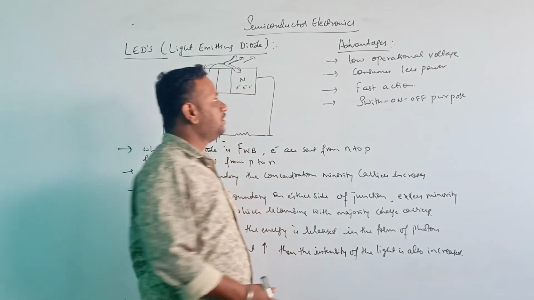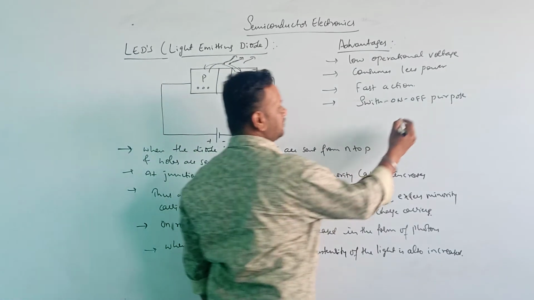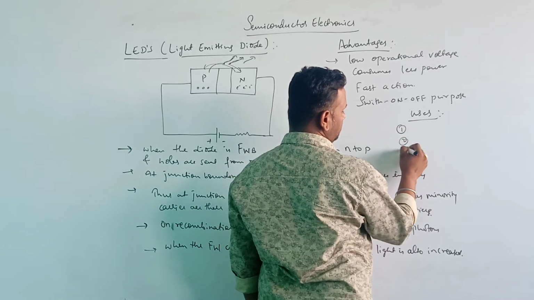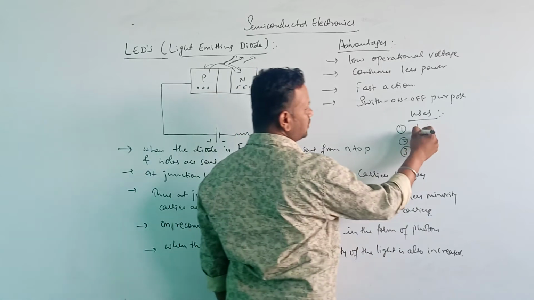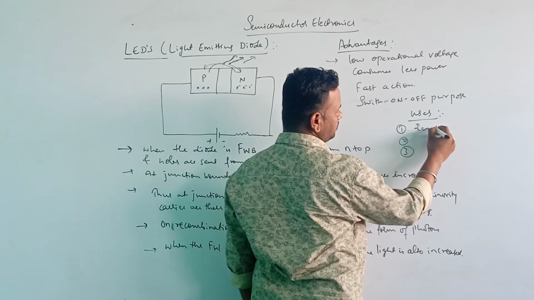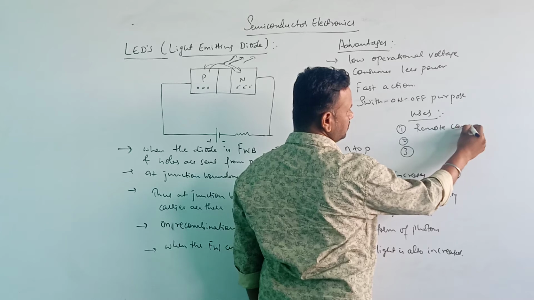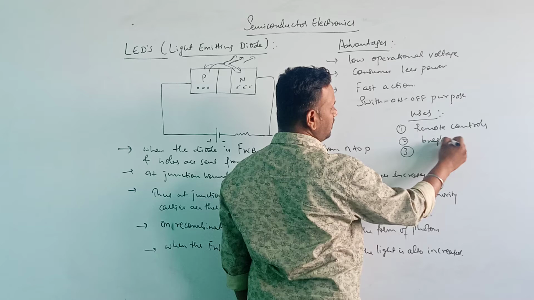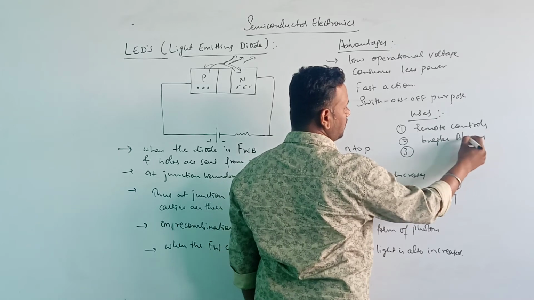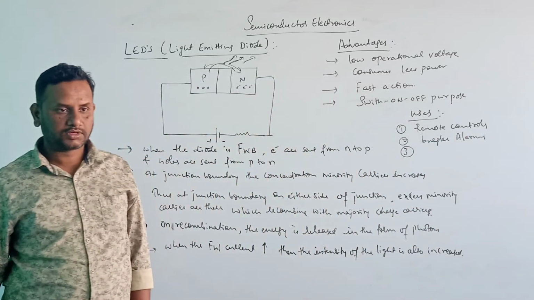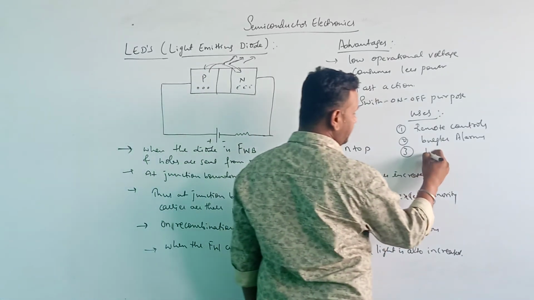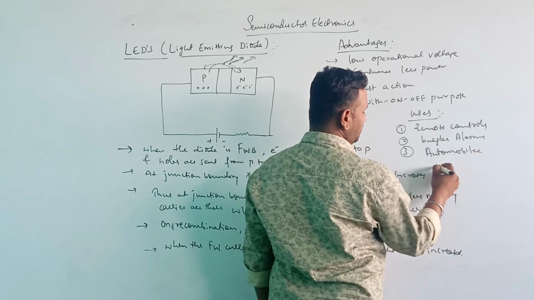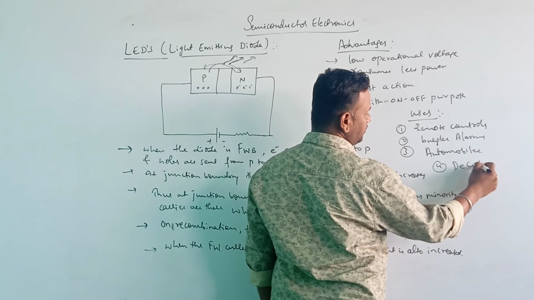Okay. Now the uses, where we are using these LEDs. LEDs are used in remote controls, in alarms also, in automobiles, and also for decoration purposes.